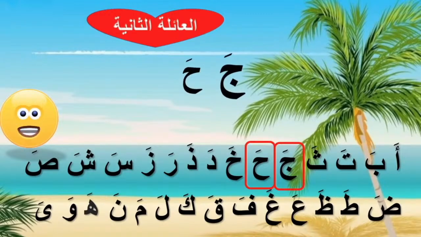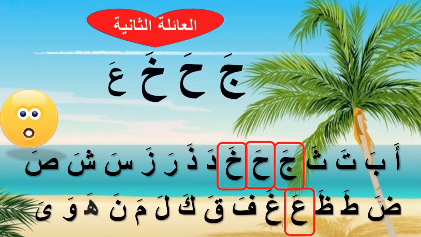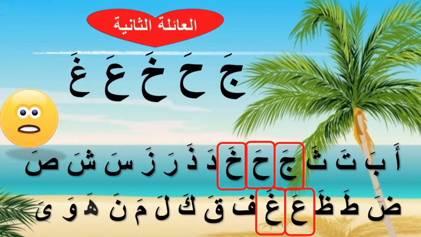The second letter I have is ha, and I also have kha, and a, and the last letter is ra. Okay, so these 5 letters are in one family, and I'll tell you now why I put them together in a family.